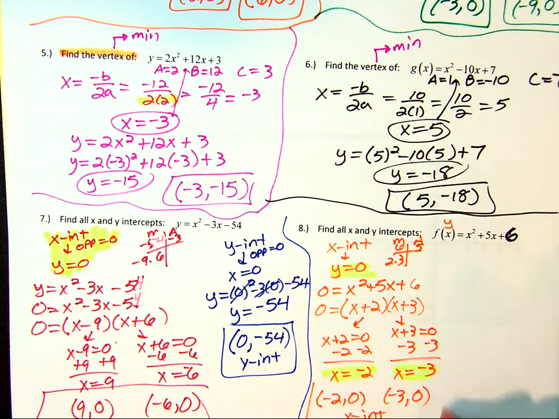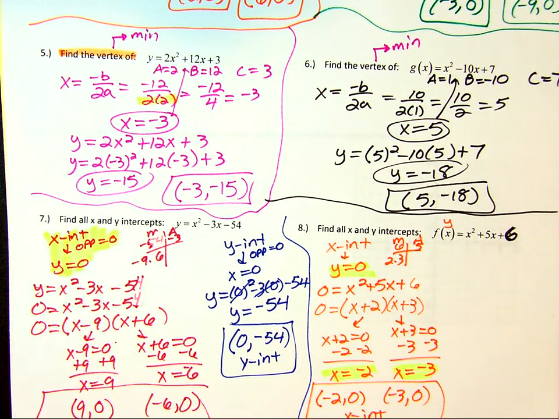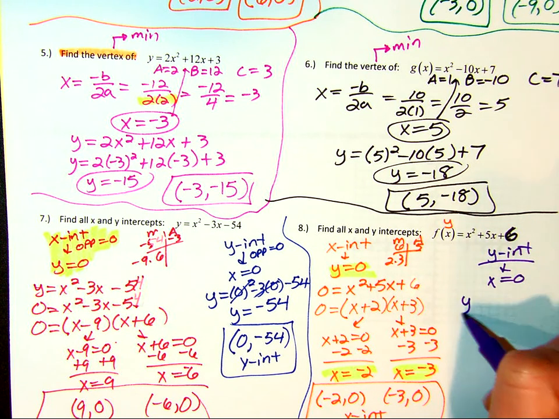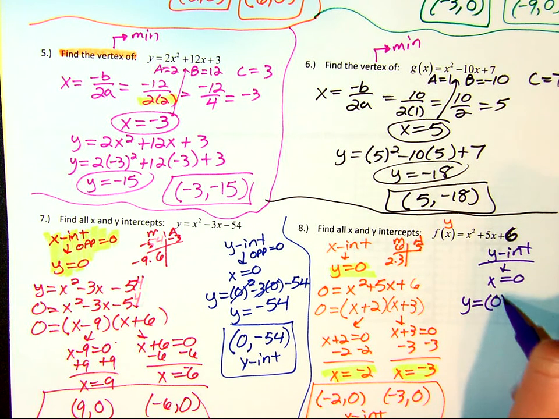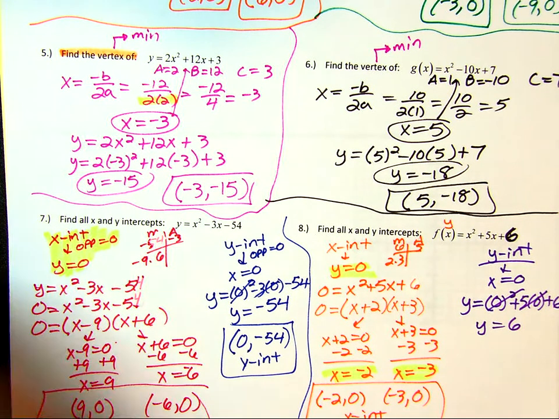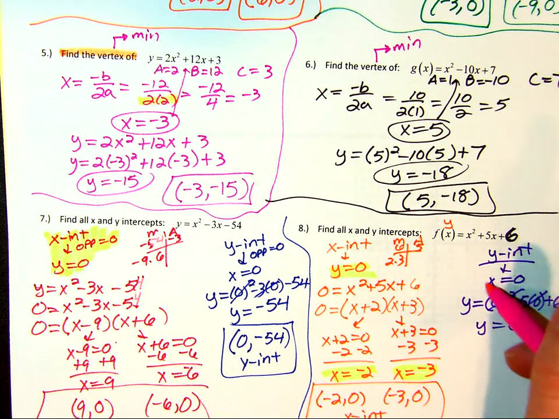And then to find your y-intercept, x equals 0, so I'm going to put 0 in place of the x's here. So y, instead of x, I put 0 squared, plus 5 times 0 plus 6. Well, 0 squared is 0, 5 times 0 is 0, so y equals 6. So we have the x is 0, the y is 6, so 0 comma 6 is your y-intercept.